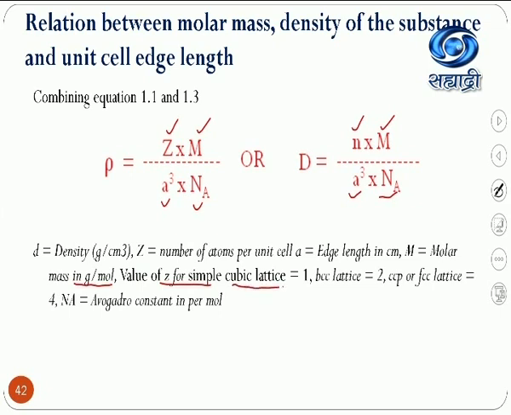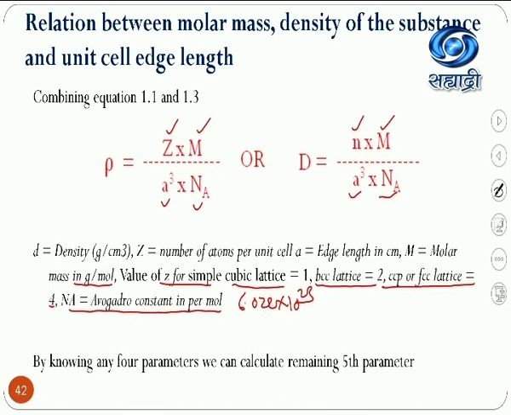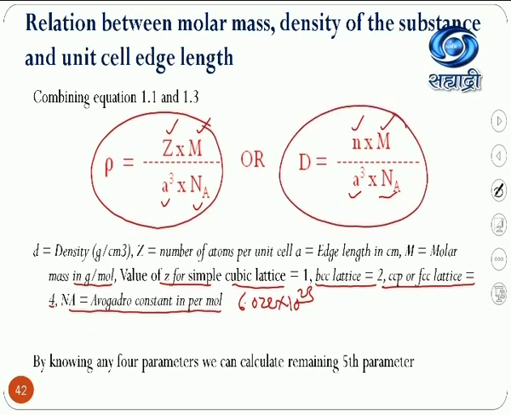The value of Z is 1 for simple cubic, 2 for BCC, and 4 for FCC, and Avogadro's number is a constant, 6.022 into 10 raised to 23. Now, if we know any 4 parameters out of the 5 in this formula, we can find the 5th parameter just by substituting these values.